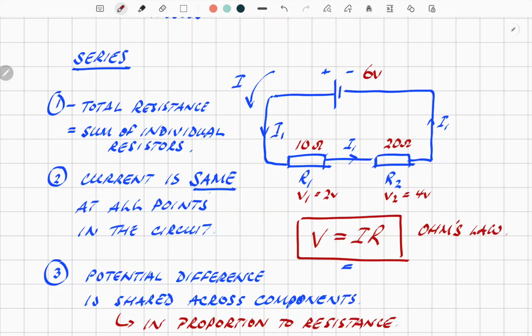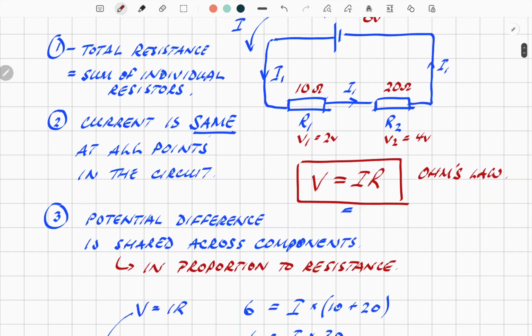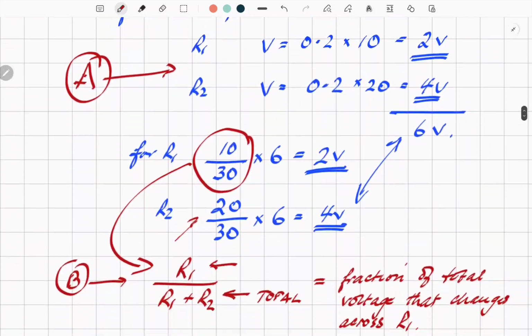So the sum of the individual voltages will be the same as the total voltage into the circuit. Okay? Has your teacher mentioned anything about electromotive force, EMF? No? All right. We'll use it when we need to. Okay. So that's all fine.